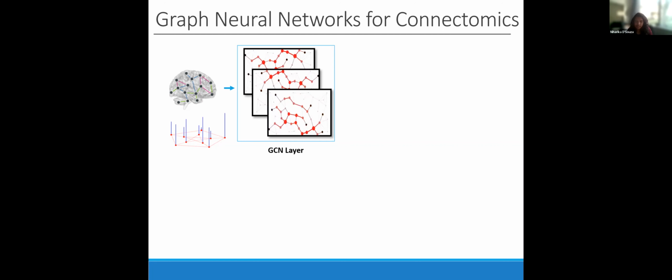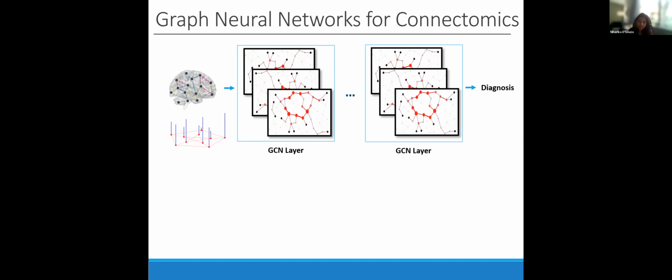A typical GCN layer consists of multiple filters that can aggregate connectivity information within the nodes. Composed together, the layers can underscore pathways of information propagation within the graph, as can be guided by a downstream task such as case control prediction.